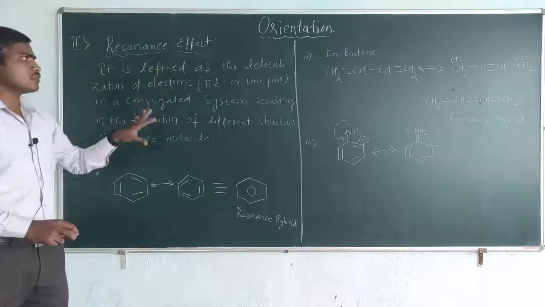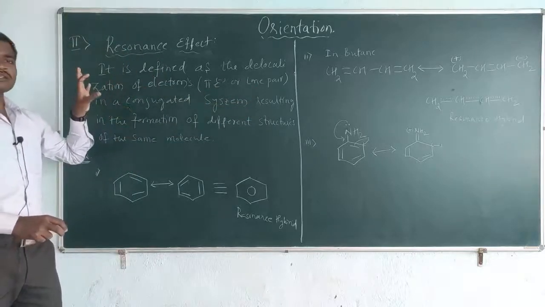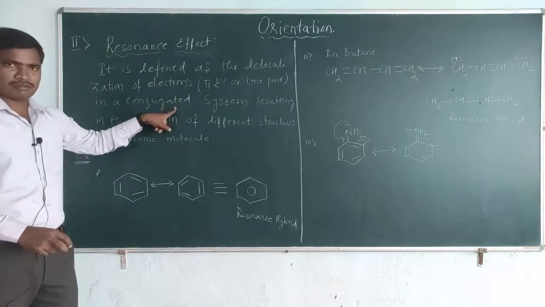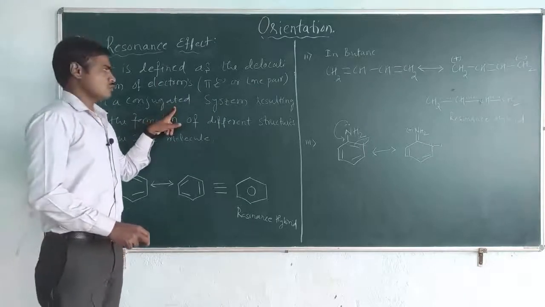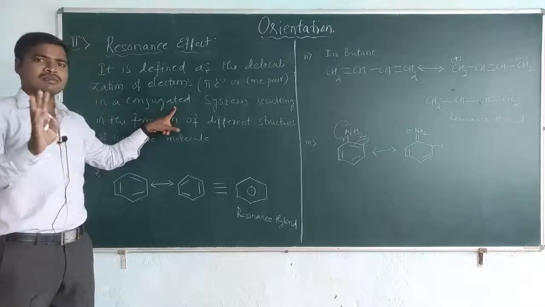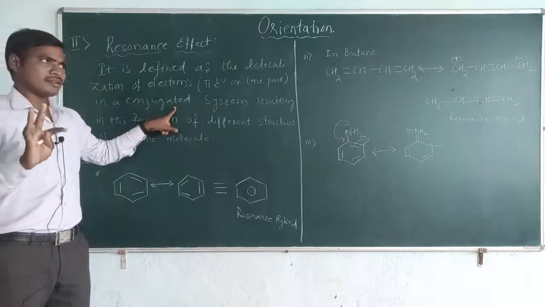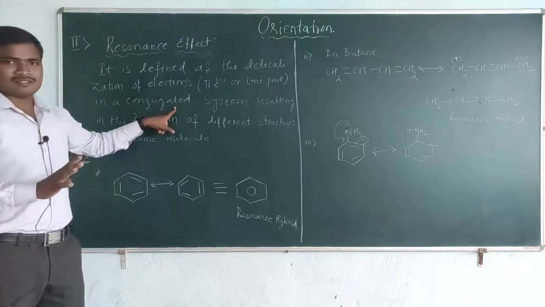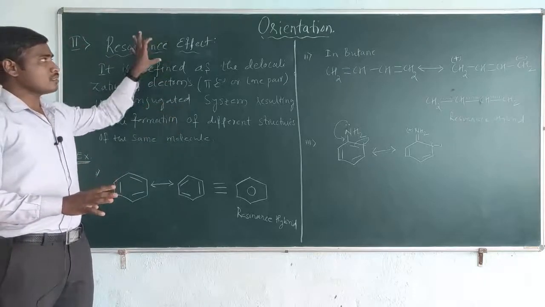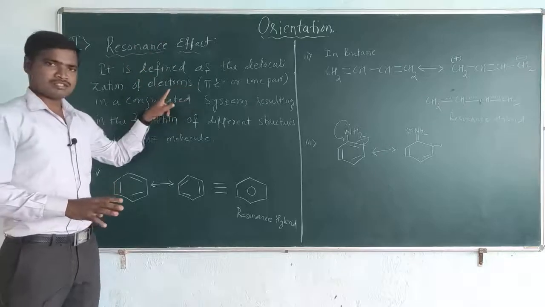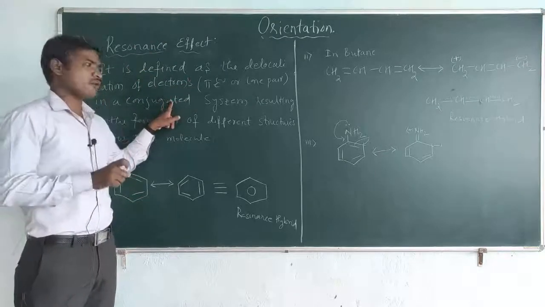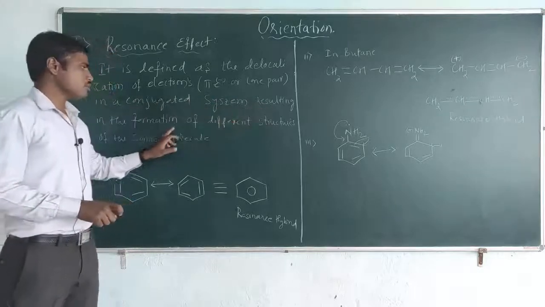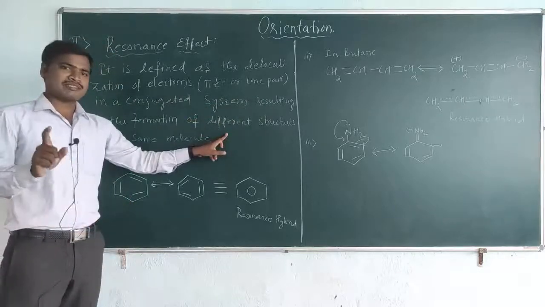Resonance is the delocalization of electrons in a conjugated system. A conjugated system is a molecule having alternating single and double bonds. This effect is due to the delocalization of pi electrons or lone pairs in a conjugated system, which results in the formation of different structures of the same molecule.